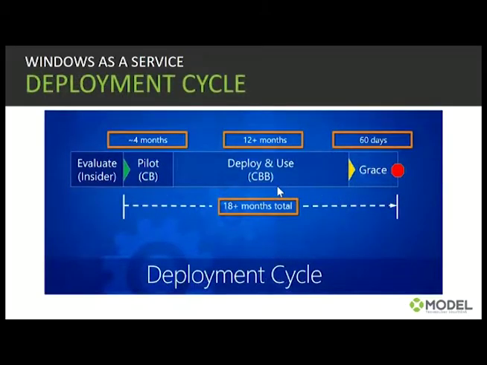So let's take a look at that deployment cycle again in a different view. This is pulled from one of the videos that Michael Niehaus put together on the deployment cycle of Windows, and I thought it made a lot of sense. The Insider Edition is a checkbox that you can go into the control panel of your Windows 10 OS, and basically say, I want fast builds, or I want to be part of the Insider program.